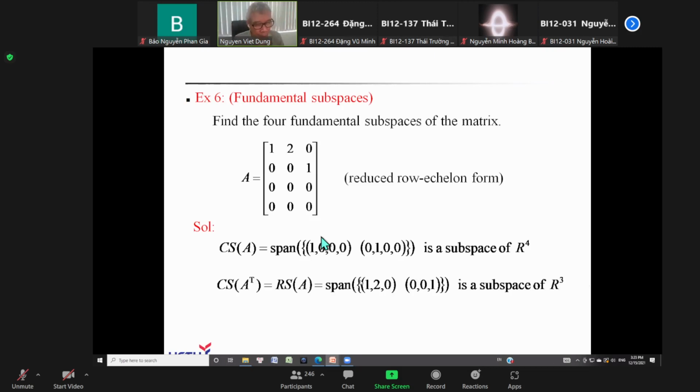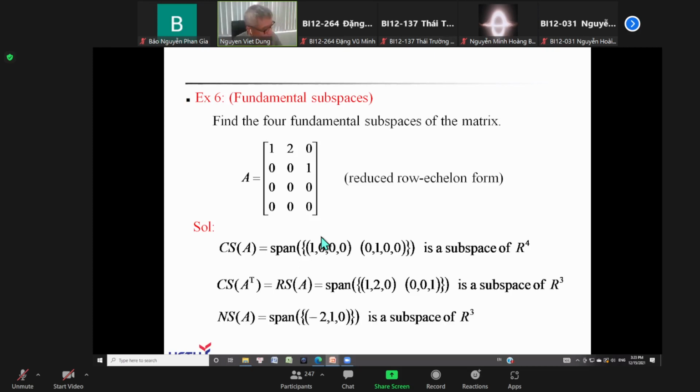For the row space of A, because it is already in reduced row echelon form, the first and the second rows are non-zero rows, so they make a basis for the row space of A, or the column space of A transpose. So what is the null space of A?